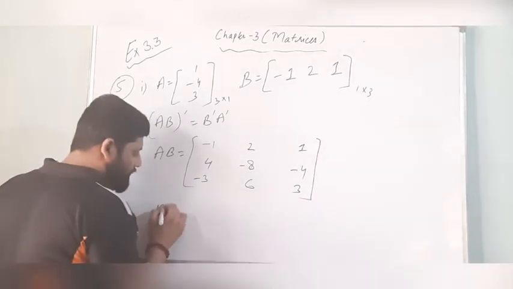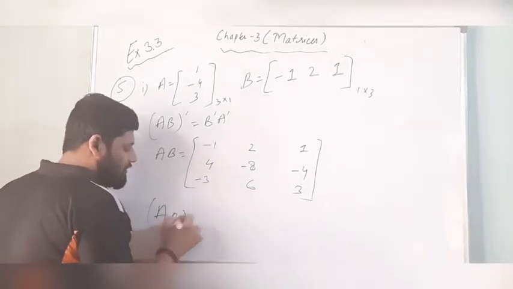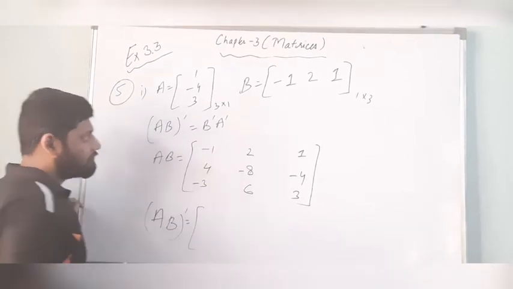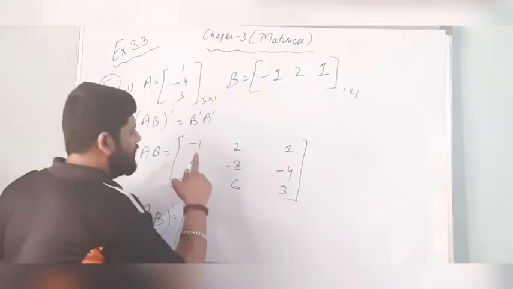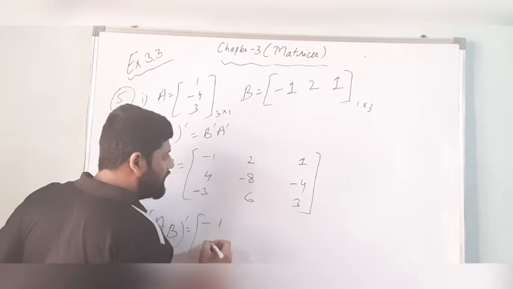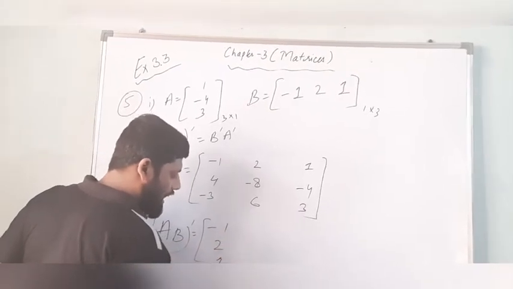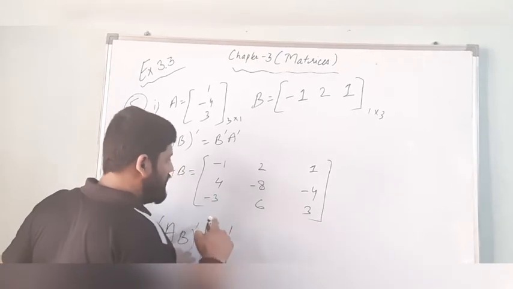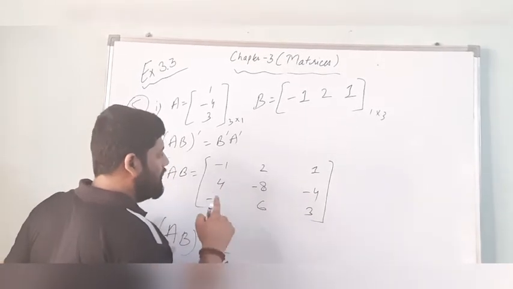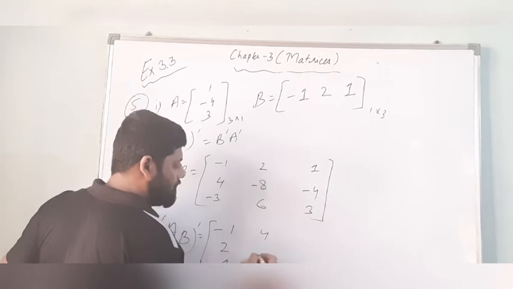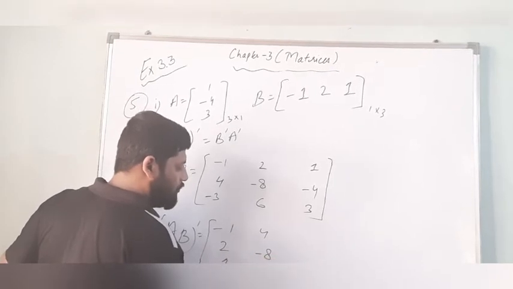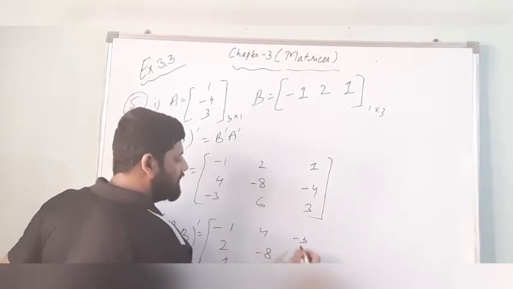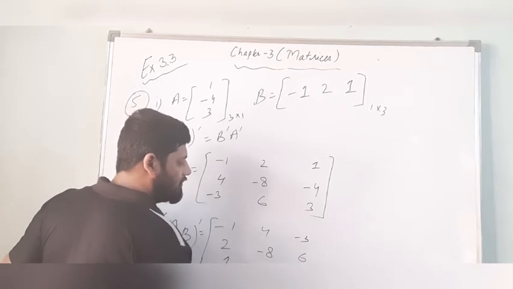Now we will find the transpose of AB. Then transpose of AB is transpose रो into column हो जाएगा -1, 2 and 1, 4, -8, -4, -3, 6 and 3.